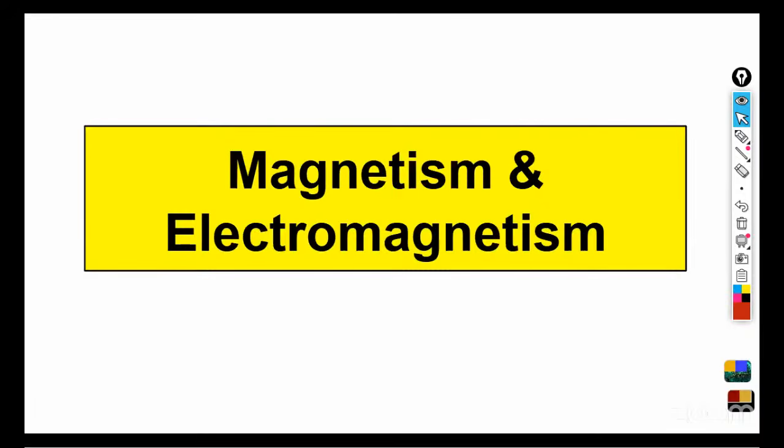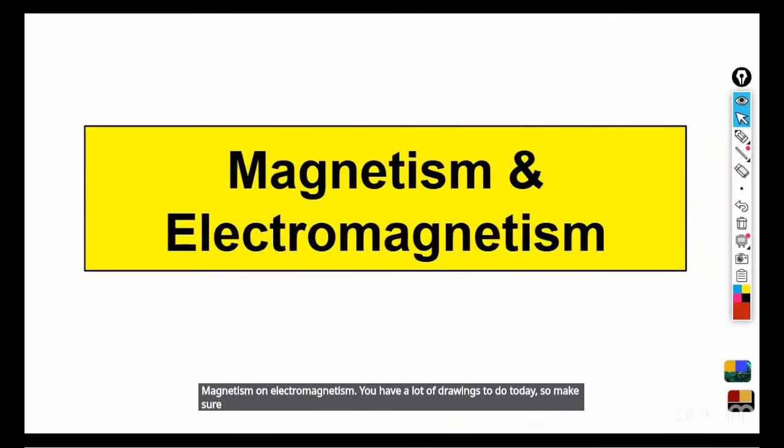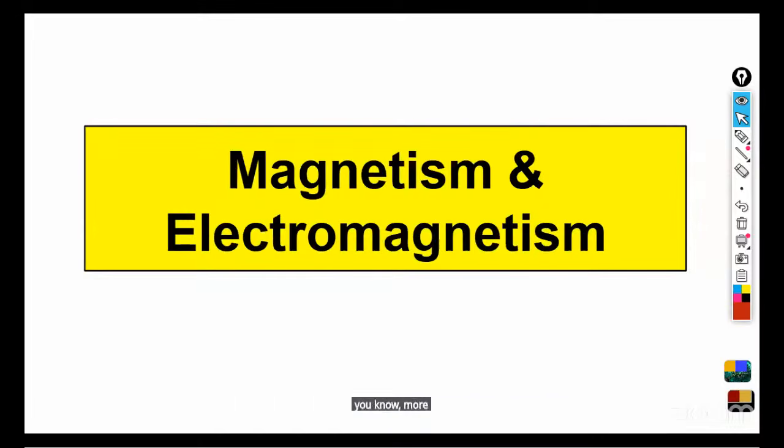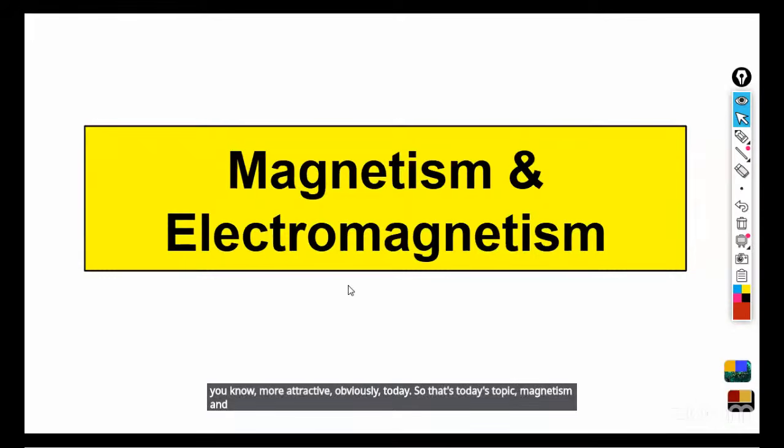You have a lot of drawings to do today, so make sure you have a ruler, make sure you have a pencil. If you have different colors of inks, like red ink, blue ink, or different color pencils, it could actually make your diagrams look more attractive, obviously, today. All right. So that's today's topic, magnetism and electromagnetism.